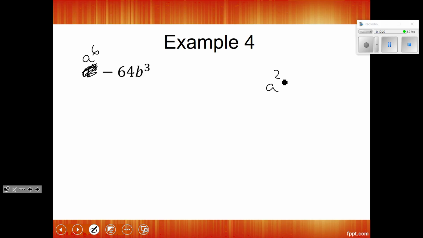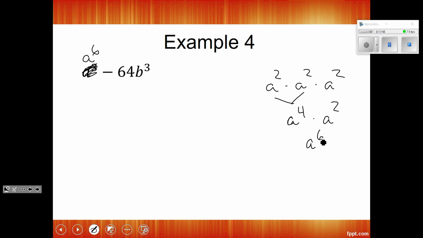A squared times a squared times a squared. Everybody understand that? Because what's a squared times a squared? A to the 4th. And what's a to the 4th times a squared? When you multiply powers, you add. So what will that be? A to the 6. So does everybody understand that the cube root of a to the 6 would be a squared?